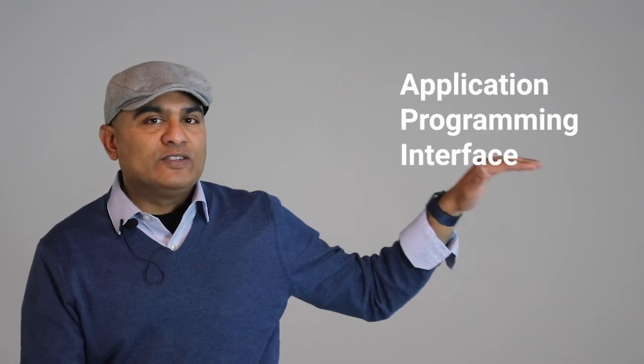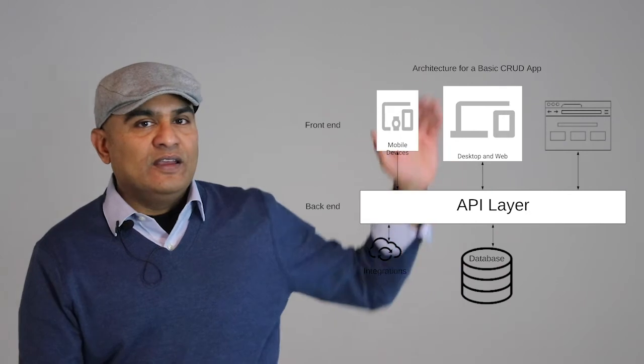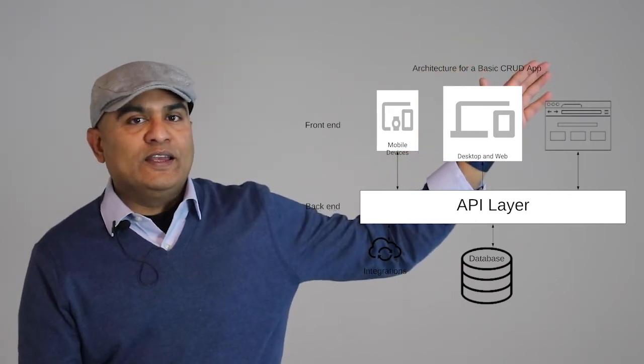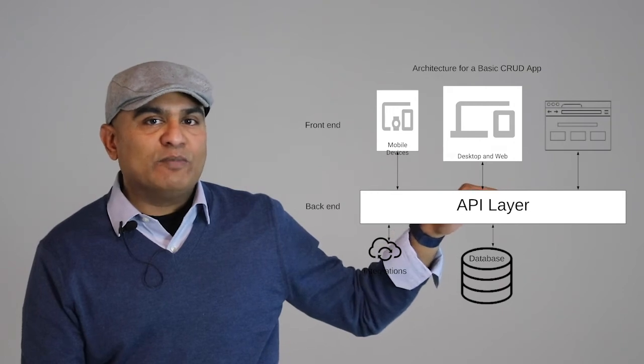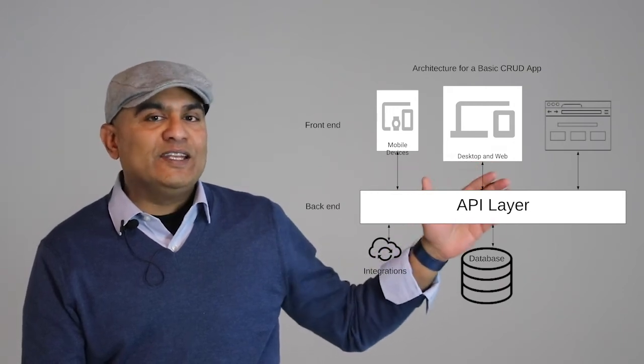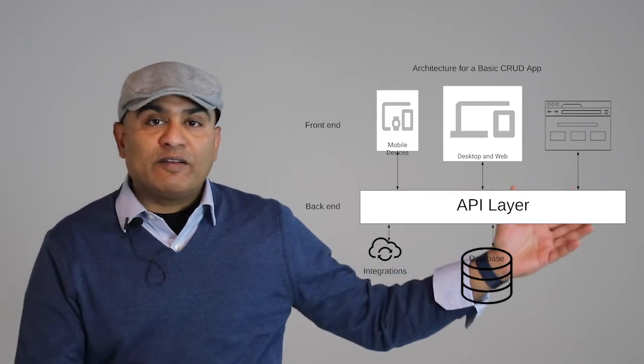And then you have the API layer, which stands for Application Programming Interface. What that does is it connects your database with the front end. The API layer is also responsible for integration points or connecting to other software that you may want to integrate with.